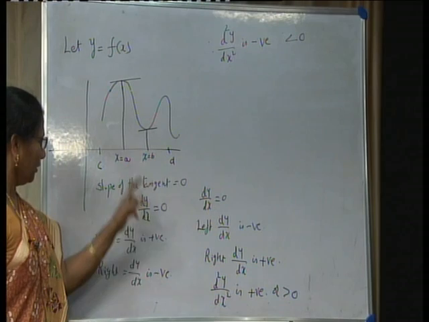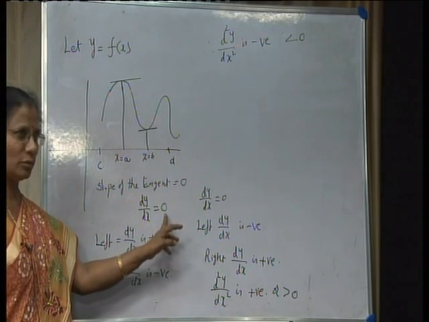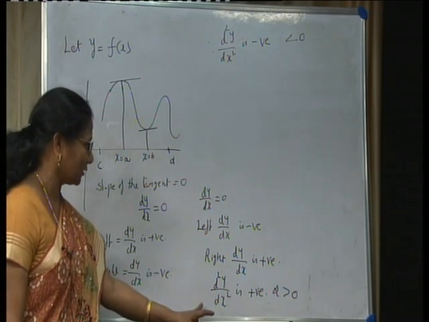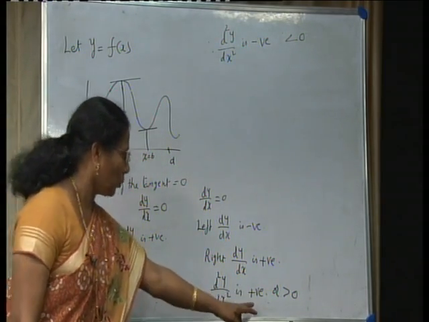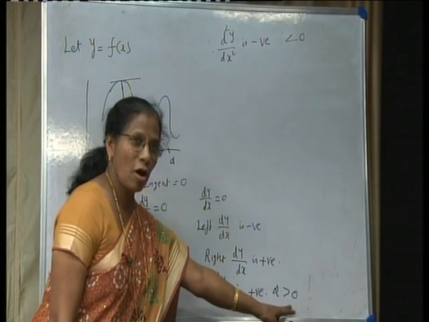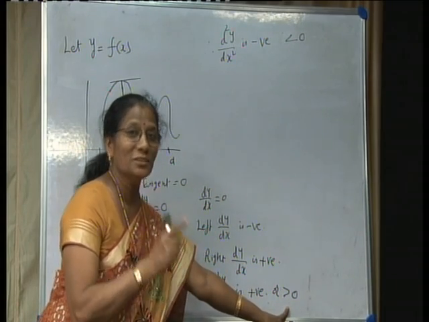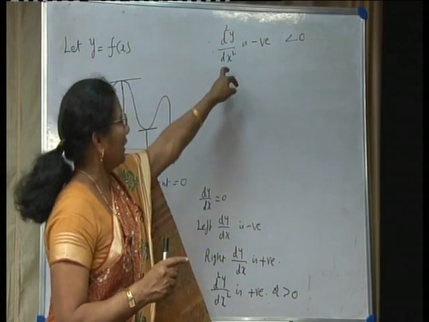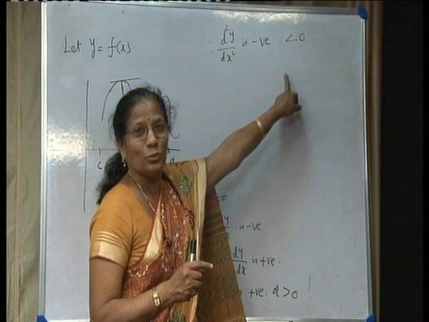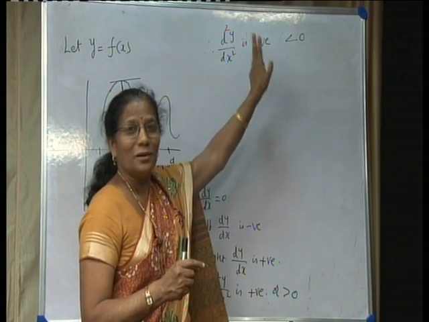See, this is the condition: dy by dx is equal to 0, and find the second derivative d squared y by dx squared. If it is positive or greater than 0, at that point the function is minimum. If the second derivative is negative or less than 0, at that point the function is maximum.